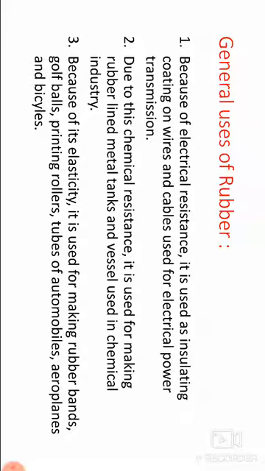Second one, due to its chemical resistance, it is used for making rubber lined metal tanks and vessels used in chemical industry. Third one, because of its elasticity, it is used for making rubber bands, golf balls, printing rollers, tubes of automobiles, aeroplanes, and bicycles.